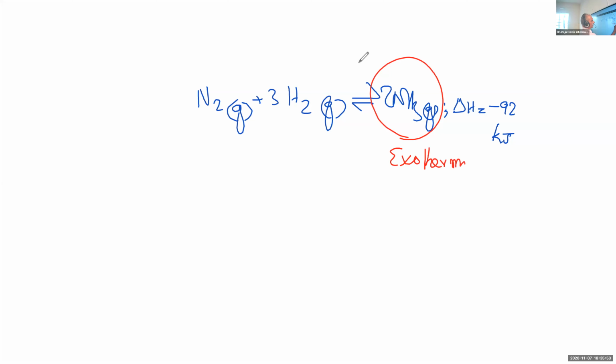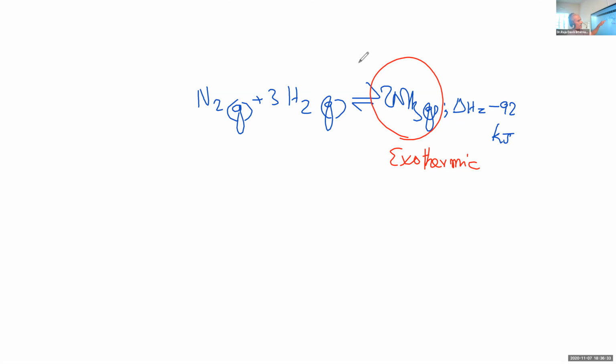So formation of ammonia, is it exothermic or endothermic? Ammonia is formed during the forward reaction.